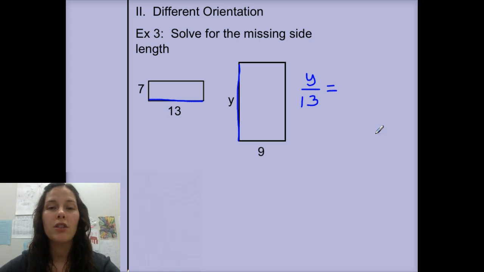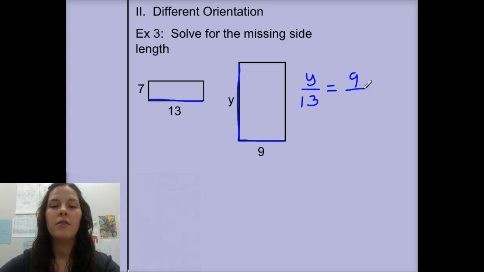Make sure when your shapes have a different orientation that you do not take the long side from one and the short side from another. That will not get you a correct answer. All right, I started in the larger rectangle to begin with, so I need to start in the larger rectangle for my second ratio, and the shorter side in the smaller rectangle is 7, so that goes in the denominator.